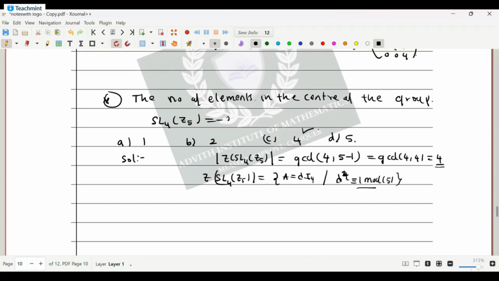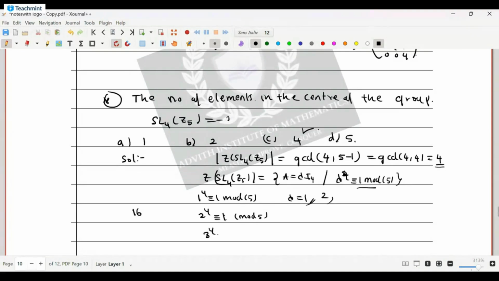So find the solutions for lambda. 1 power 4 is congruent to 1 modulo 5, so lambda is equal to 1 is true. 2 power 4 is congruent to dash modulo 5. 2 power 4 is 16. 16 divided by 5, what is the remainder? 1. So therefore lambda is also equal to 2.